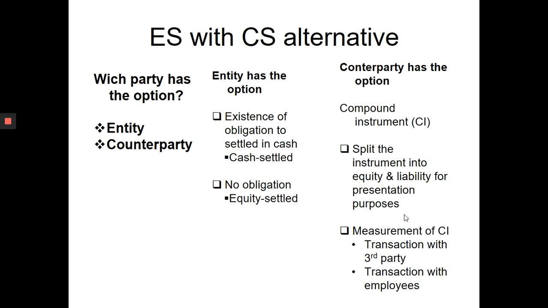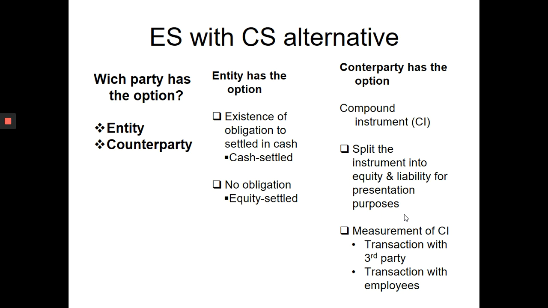Okay. So which party has the option? So in this case, kalau choice, what you need to do is you need to identify siapa yang diberi pilihan ataupun siapa yang boleh memilih. Okay, so sama ada the entity yang boleh pilih nak equity settle ataupun cash settle, ataupun counterparty has the option.